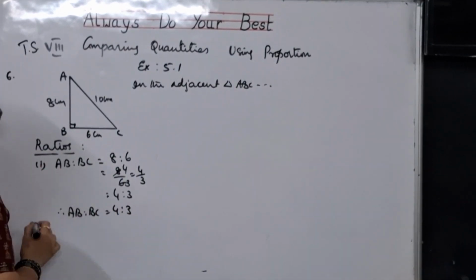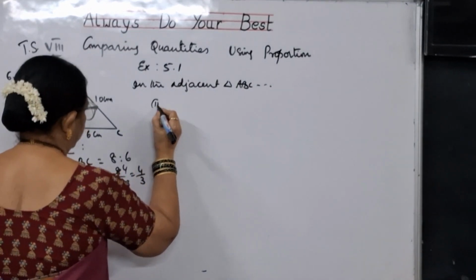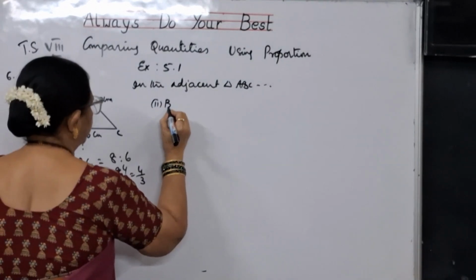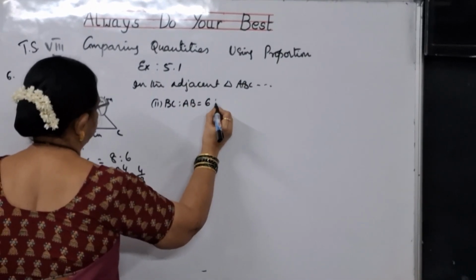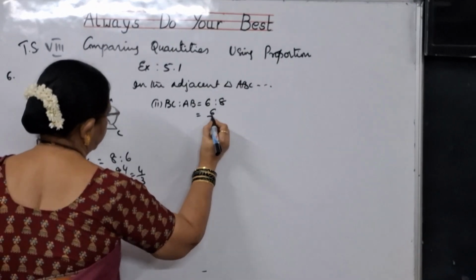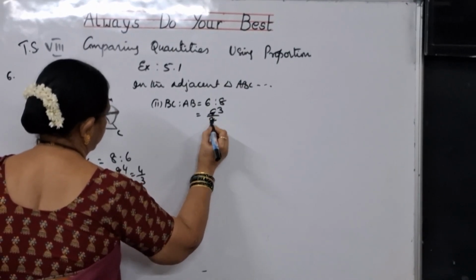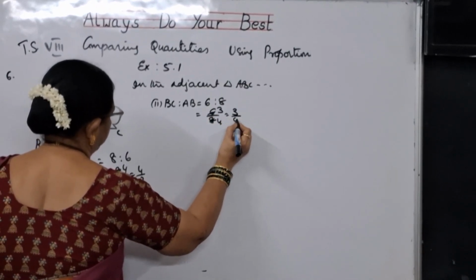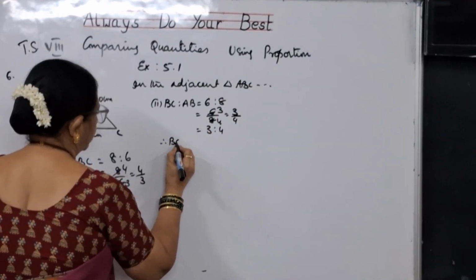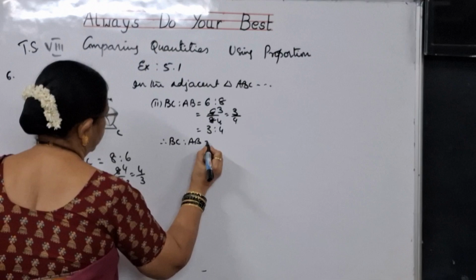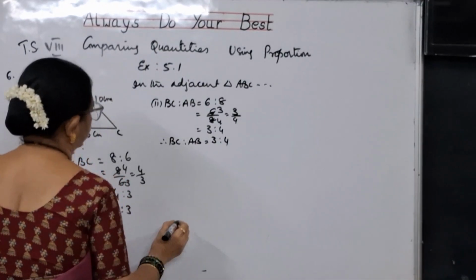This is the first ratio. Now the second ratio. Let us write BC is to AB. BC is to AB is 6 is to 8. That means 6 by 8, 2 threes are 6, 2 fours are 8, so 3 by 4, which can be written as 3 is to 4. Therefore BC is to AB is equal to 3 is to 4.